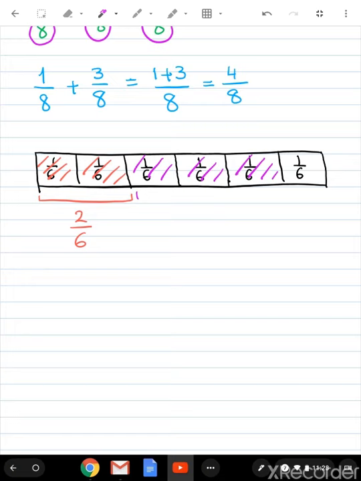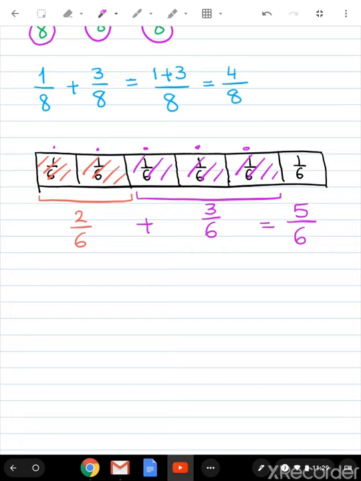So this part I added is 3 out of 6. When I add these two, I will have a total of how many parts out of 6? If I add here, I will have a total of 5 parts out of 6. 1, 2, 3, 4, 5 out of the 6 parts. So this will be 5 out of 6.